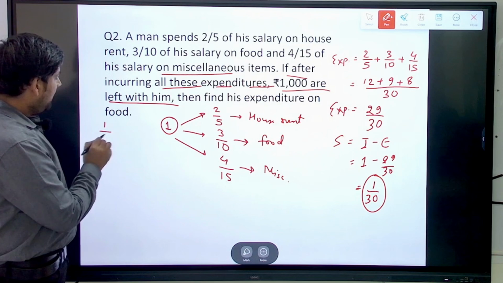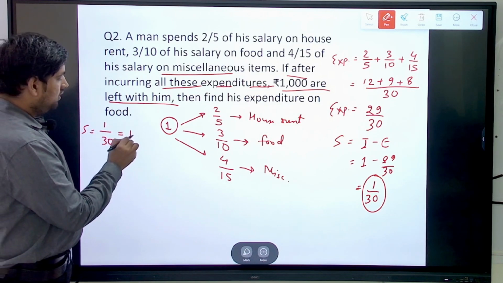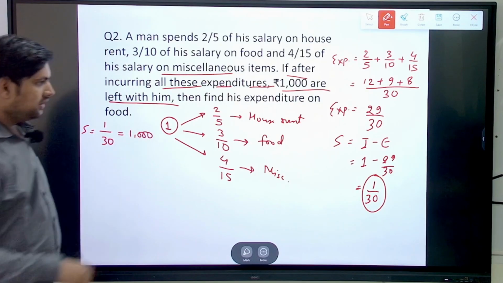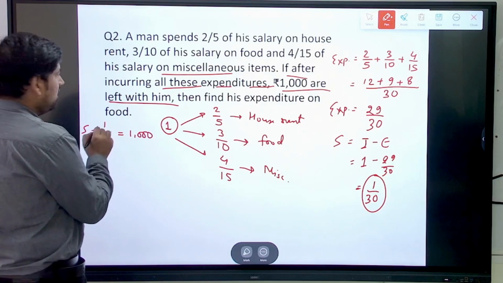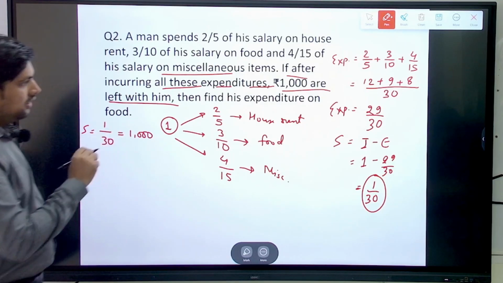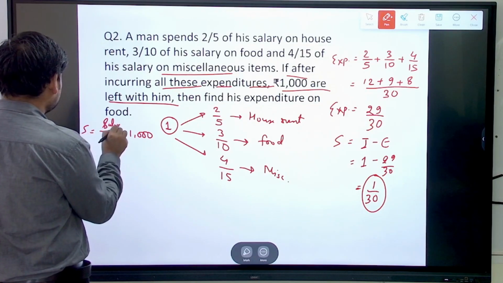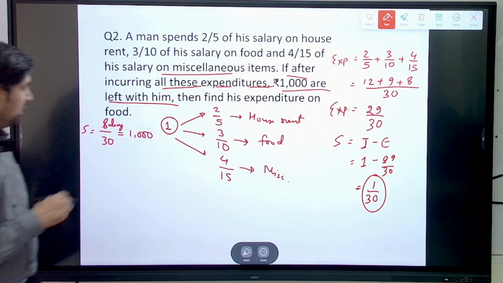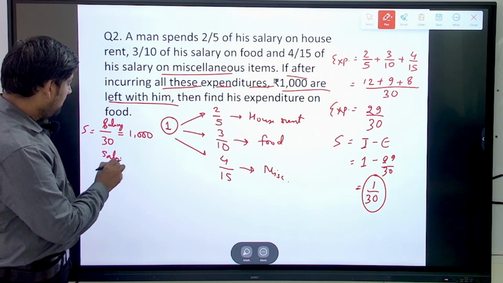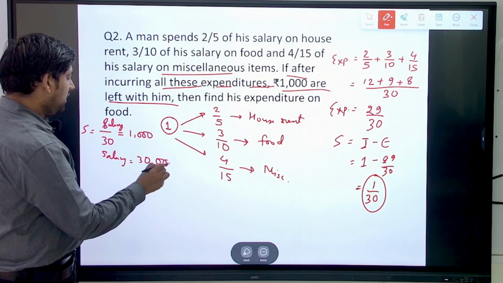That means 1 by 30 of his salary is equal to 1000 rupees. Then his salary becomes 30 multiplied by this, that is 30,000 rupees.